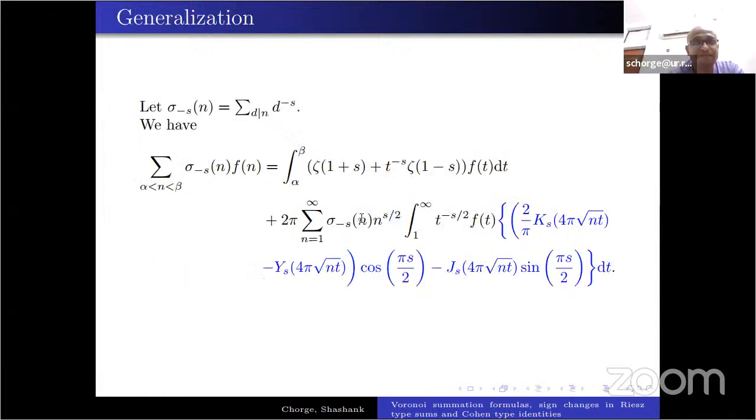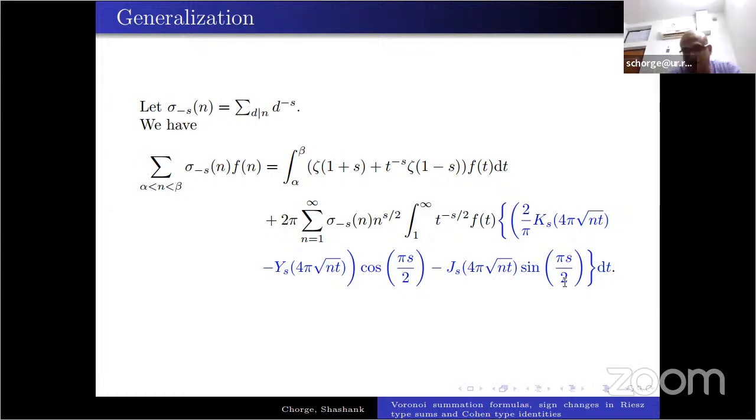Now, if we generalize further with respect to the divisor function, then we get this formula. We can see that as we generalize more and more, the formulas become more and more complicated. So this is the main term, and the kernel has again become slightly complicated. The yellow part represents the kernel.